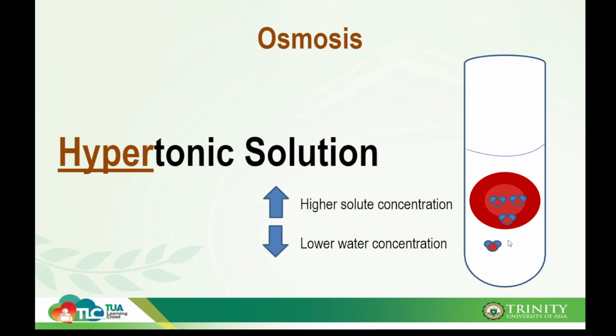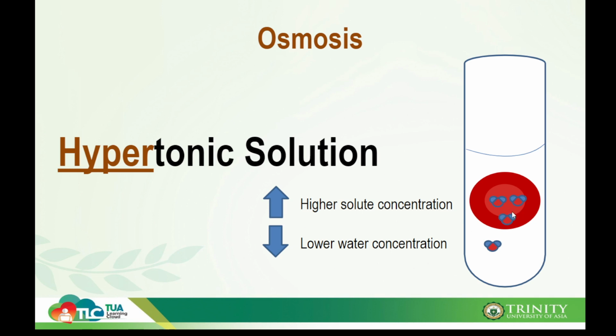But if we have a hypertonic solution, hyper means high, tonicity again is concentration of solutes. So high solute concentration. Kung marami ang solutes doon sa water, of course, there is lower water concentration. So again, we have a cell that we place inside the hypertonic solution. So let us determine, anong mas maraming water molecule, inside the cell or outside the cell?